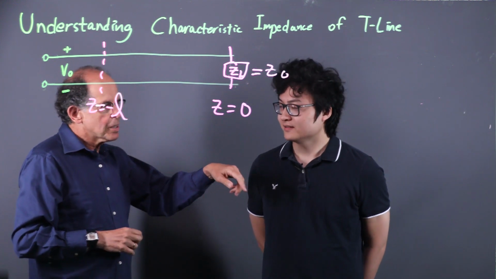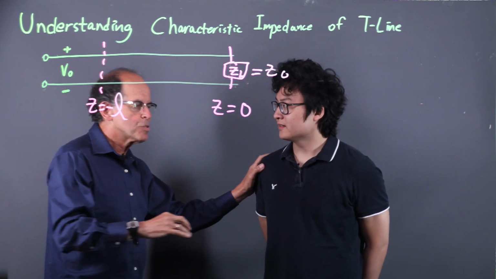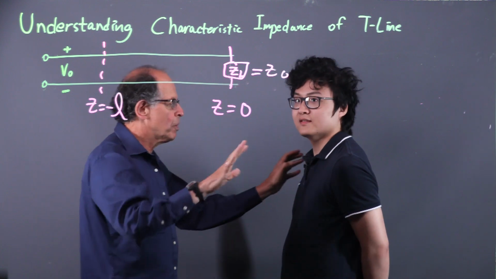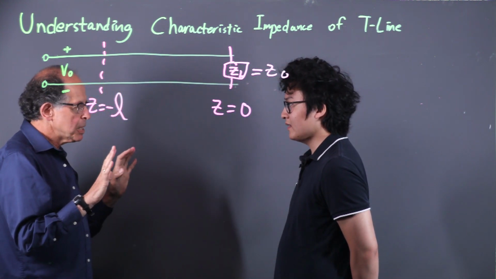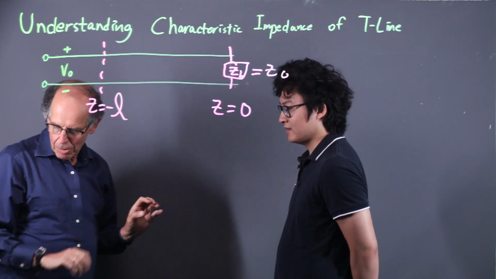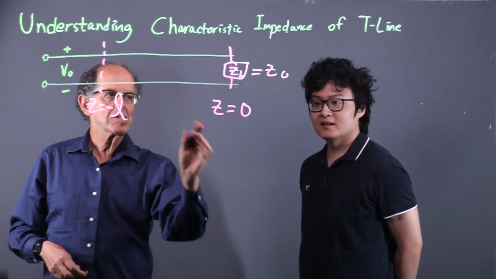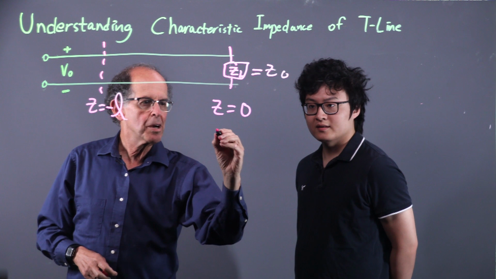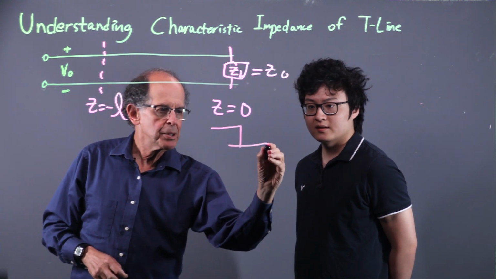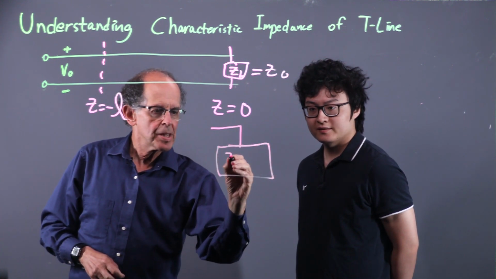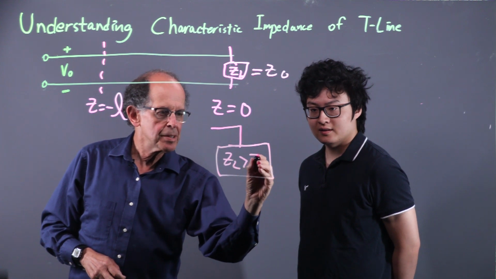Now, what's going to happen is if Sam is sitting, say, at this point in the line, and I'm a wave coming, now Sam is going to be a little stiffer. So we're going to have a second picture now. I won't draw the whole thing. In the second picture, ZL is greater than Z naught.